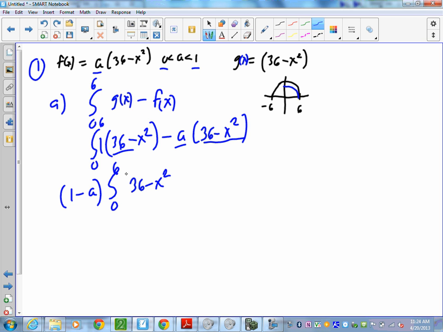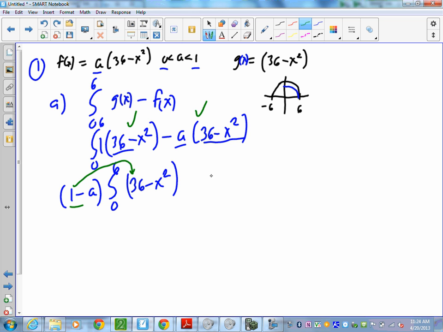If we factor these out, think about redistributing back into the original equation. Multiply by 1, you get the first equation. Distribute the minus a, you get the second equation here. So really, this is just the integral from 0 to 6 multiplied by this constant.